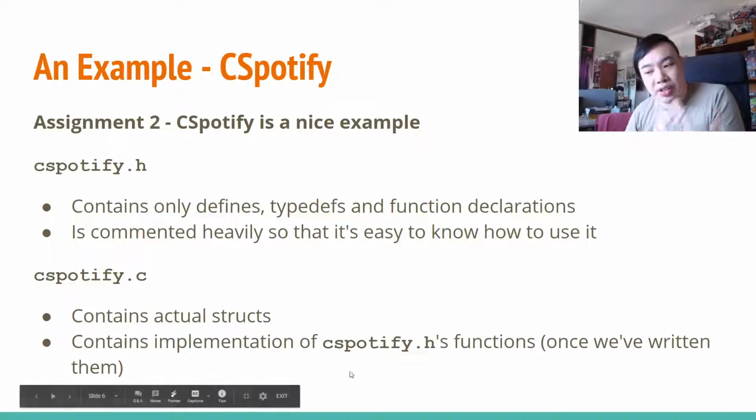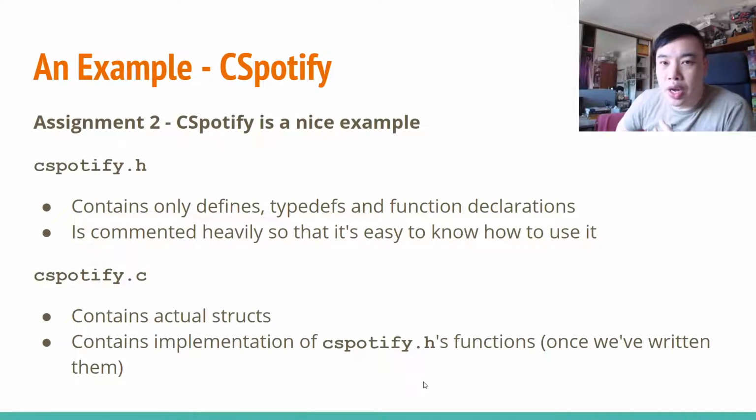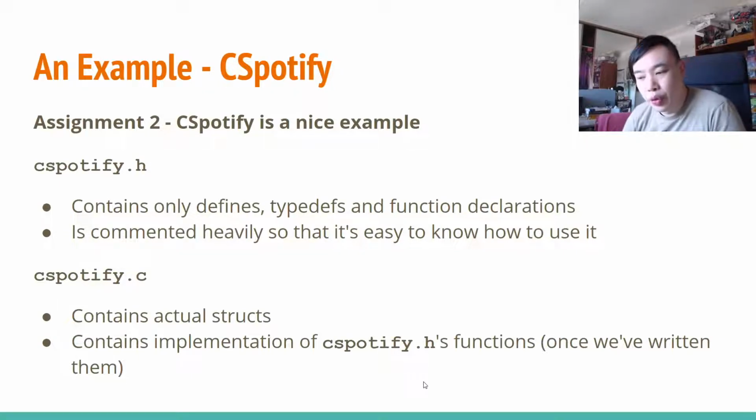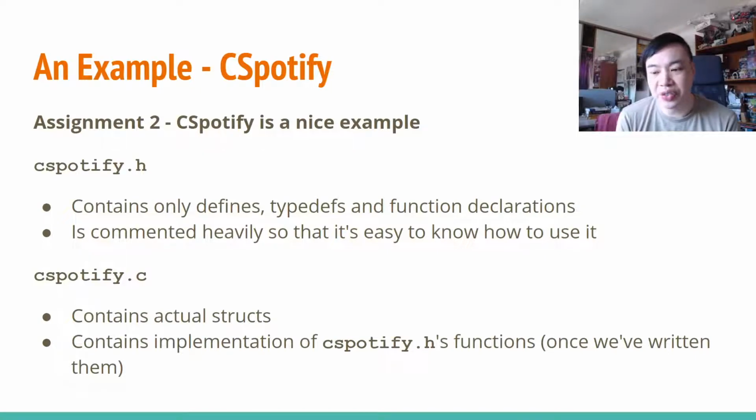The C file contains the actual structs as well as all of the running code for all the functions. These two will always match up in a certain way, in that anything that is mentioned in the H file will be implemented in the C file. So we can't have functions that are just hanging and don't have any code that runs. If the function has been presented to exist in the H file, we will have implemented it in the C file.